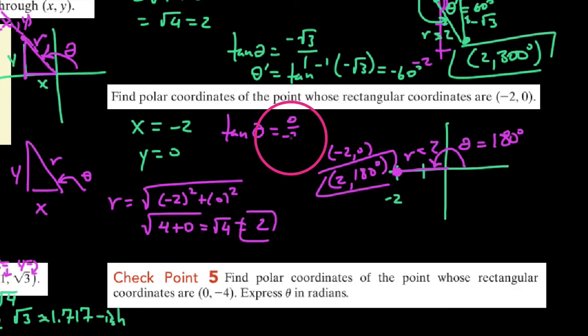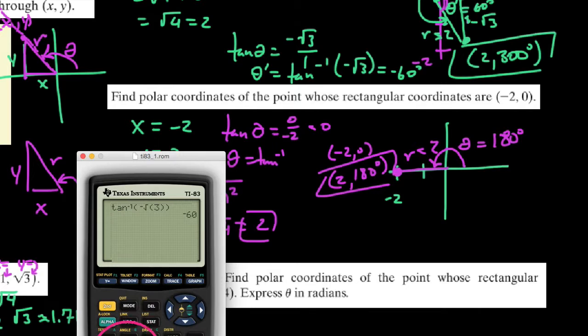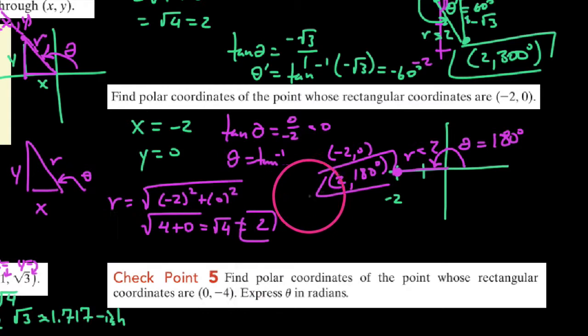So 0 over negative 2, or 0. And taking the tangent inverse of 0, we should get 0. So what this means is our reference angle over here on our picture is 0 degrees, which obviously by observation it totally is.